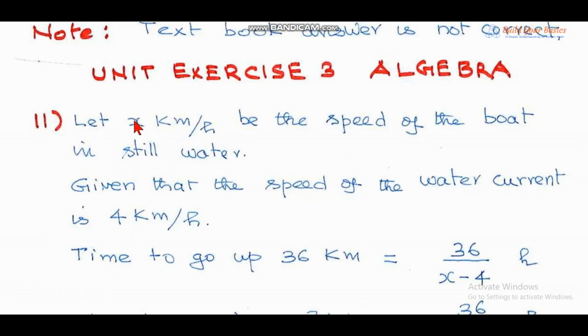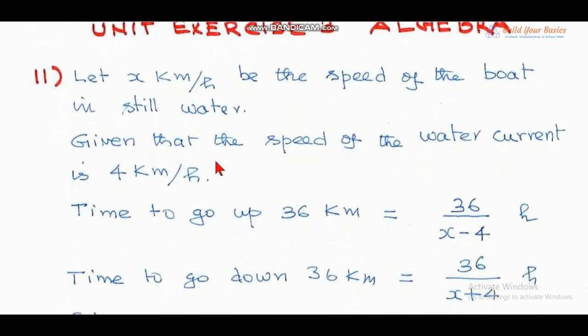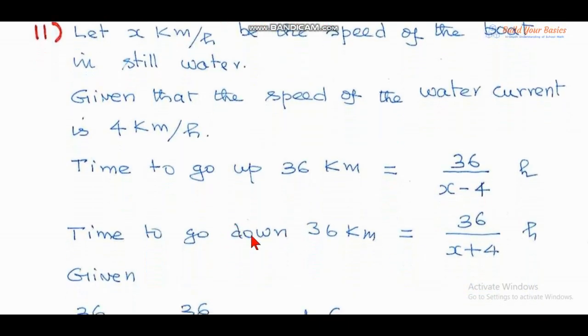Let us assume x km per hour to be the speed of the boat in still water. Now, when the boat goes up, its speed will be x minus 4 km per hour. When it goes down, its speed will be x plus 4 km per hour.